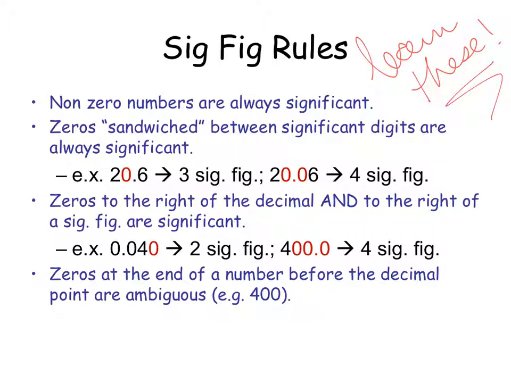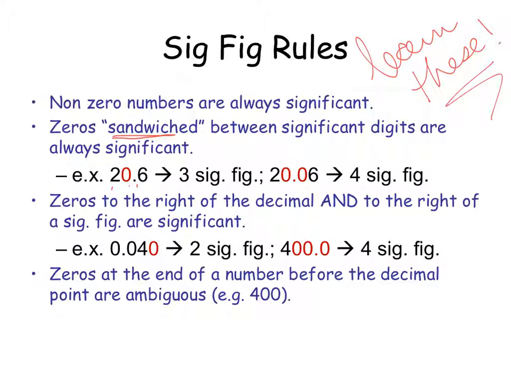The next rule is the rule that I call the sandwich rule, because zeros sandwiched between significant figures or digits, they mean the same thing, are always significant. So here you can see 20.6, the zero in between the 2 and the 6, and so there are 3 significant figures.